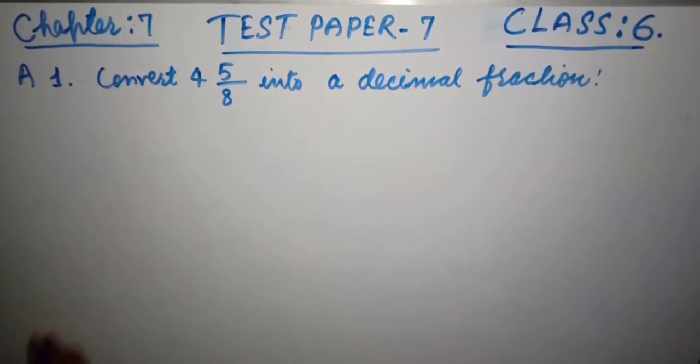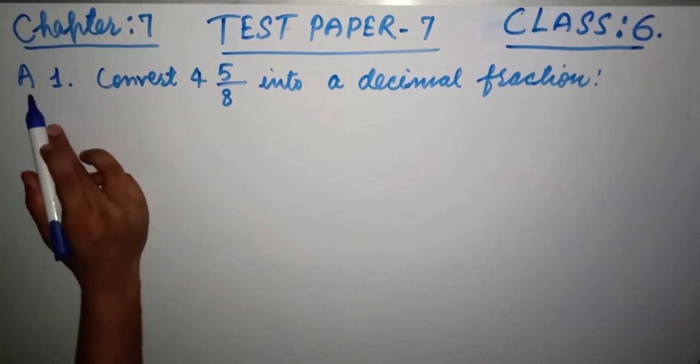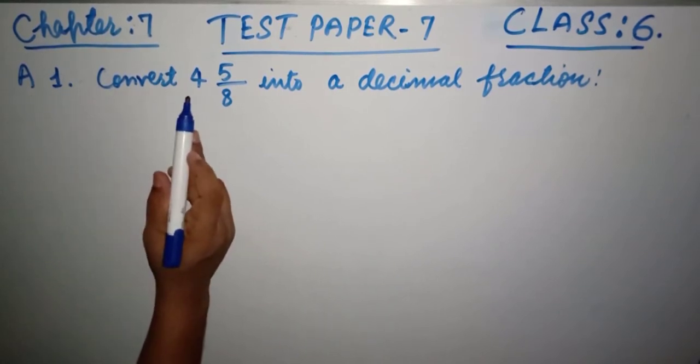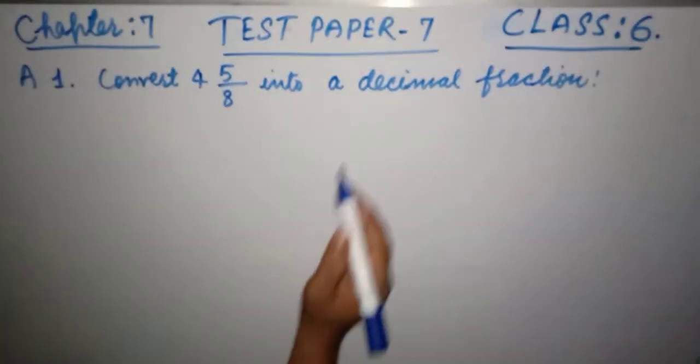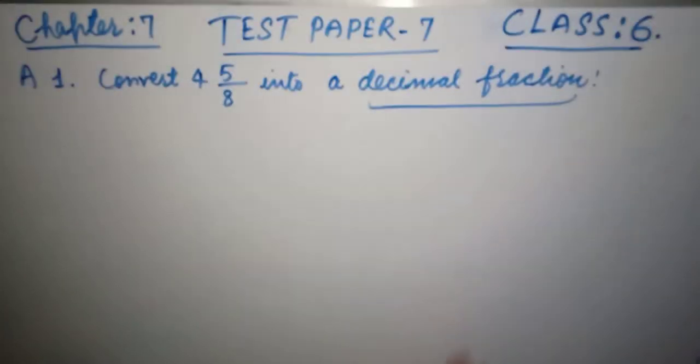So we have written here question number 1, and group A says convert 5 by 8 into a decimal fraction. First, the word is decimal fraction. What do you mean by decimal fraction, friends? Please recollect the points.